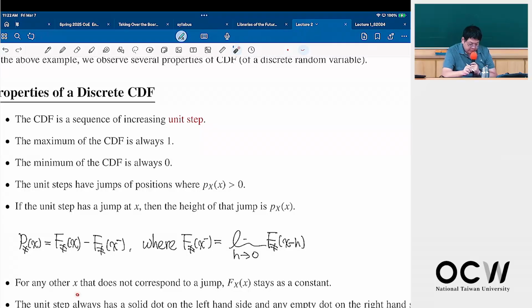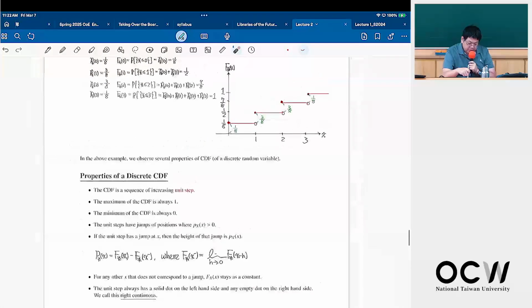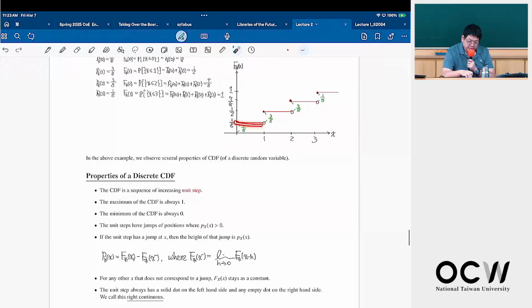So if x does not jump, then your CDF for the discrete case should stay constant. It's like a stair, like a unit step. If there's no jump, it should stay constant.